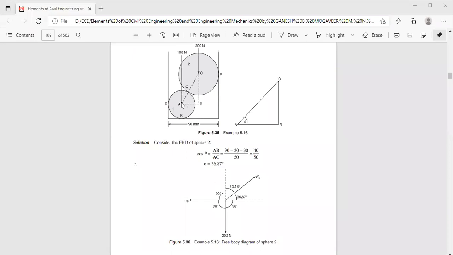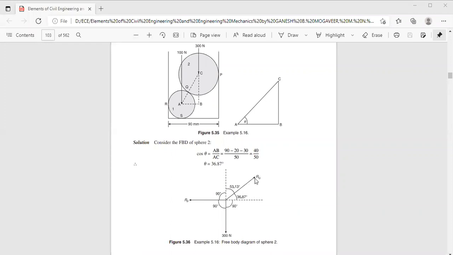And you have a reaction from sphere 1 to sphere 2, which you can call RQ. This angle you have found, 36.86. Now you have to find the angle between the forces. It is required to apply Lami's theorem because you have only three forces acting at this point.